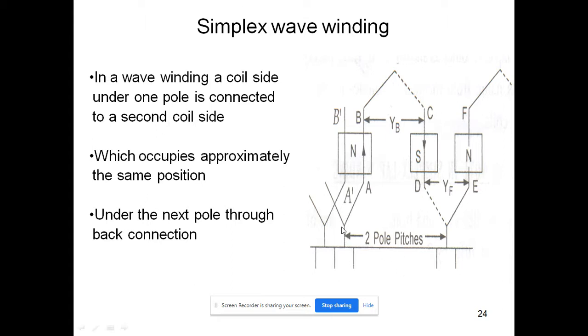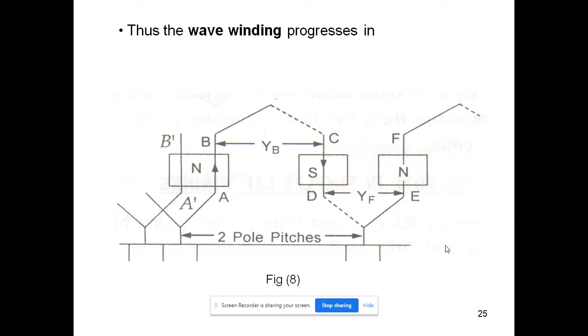Here we can see this one in this diagram. One coil side of one pole is connected to the second coil side. This is the second coil side which is connected in the next commutator segment under next pole. In this fashion, the wave winding will be.